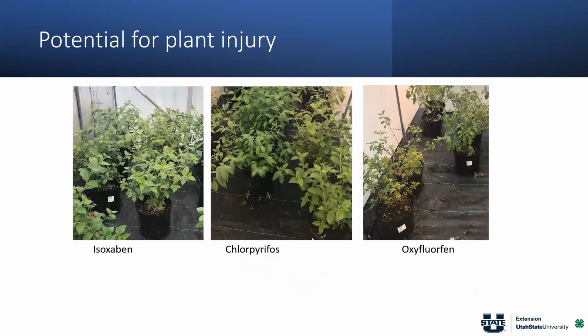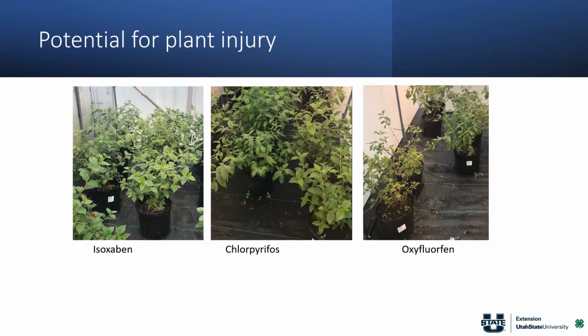Let's look at some photos. So these are the plants that have been treated with isoxaben. There was no damage observed on hydrangea, cornus, or hostas. When we also sprayed with chlorpyrifos at different concentrations, these are for the highest concentration, we didn't see any damage. Of course, this was when chlorpyrifos was legal to apply.